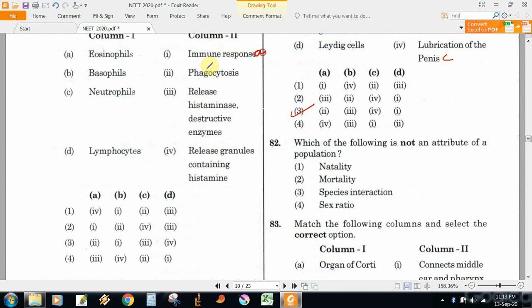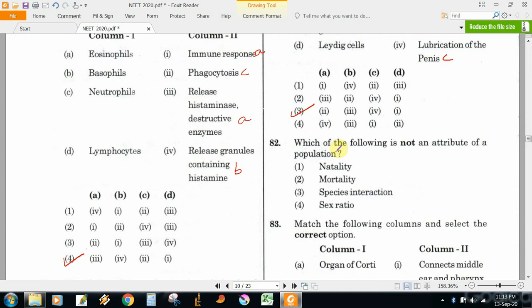And phagocytosis is mainly because of the neutrophils, that is C over here. And release of histaminase destructive enzymes is because of eosinophils. And the release of granules containing the histamine is coming from basophils. So based upon this, the fourth option is the right one over here.